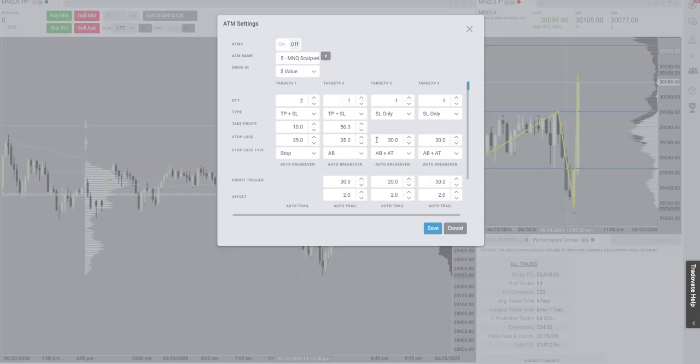So basically when we add this up, we've got $95 in risk here plus 70, so $170 is my max loss on a position on a 5 lot.